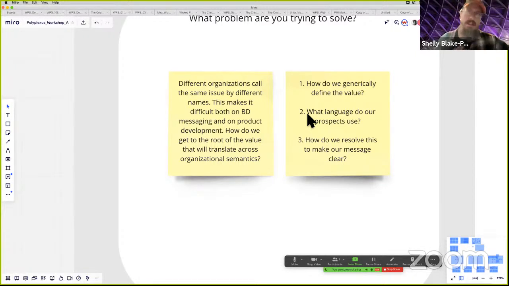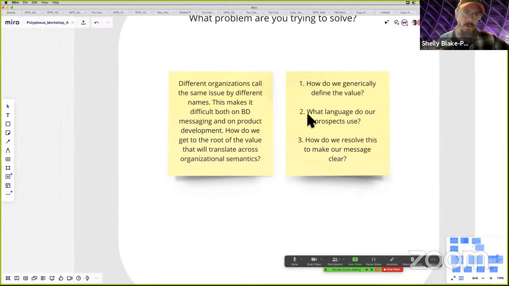So what we're trying to do at a high level is what is essentially a business problem where you may have N+1 systems that each call something a different thing. And for the purpose of messaging, selling, and putting language into the UI of a product, it becomes a really hairy problem.